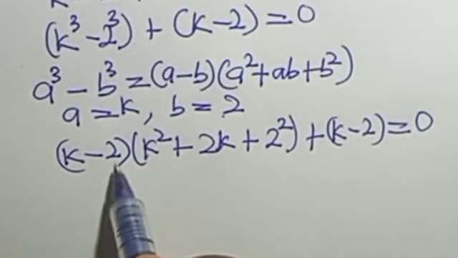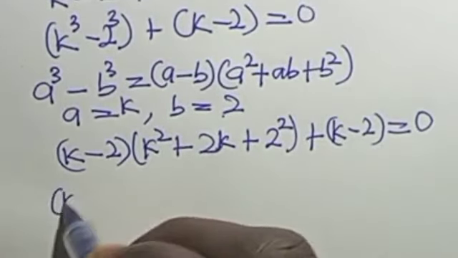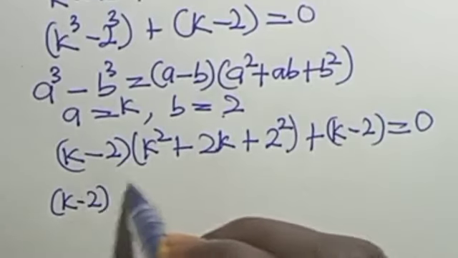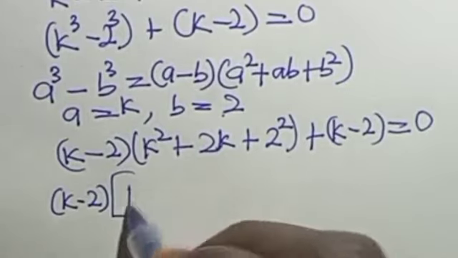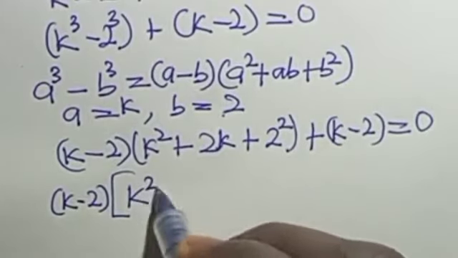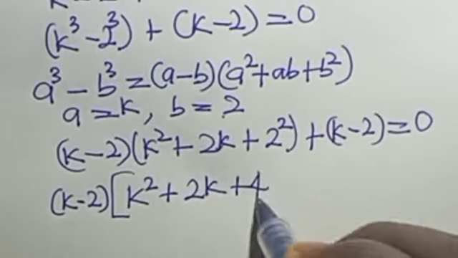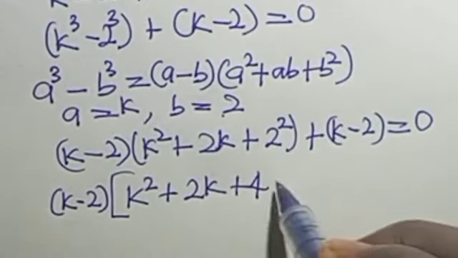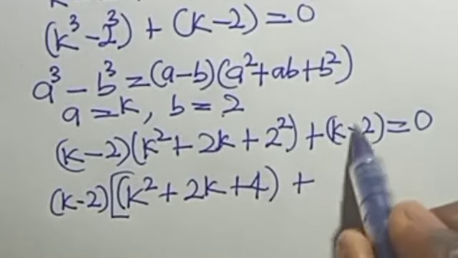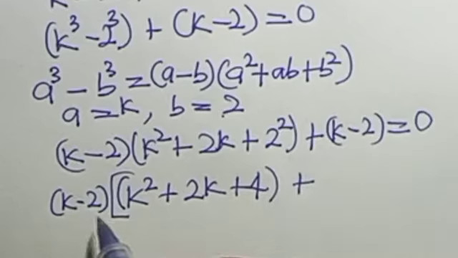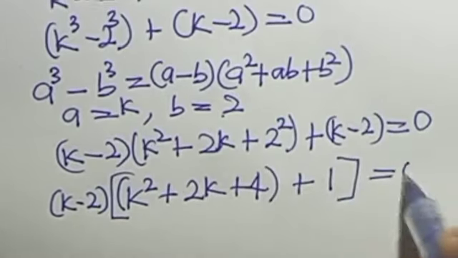Now we have k minus 2 and k minus 2. We can bring it out to have k minus 2. At this time, divided by k minus 2, it will be left with k squared plus 2k plus 4, since 2 raised to power 2 is 4, plus k minus 2 divided by k minus 2 to be left with 1, equals 0.